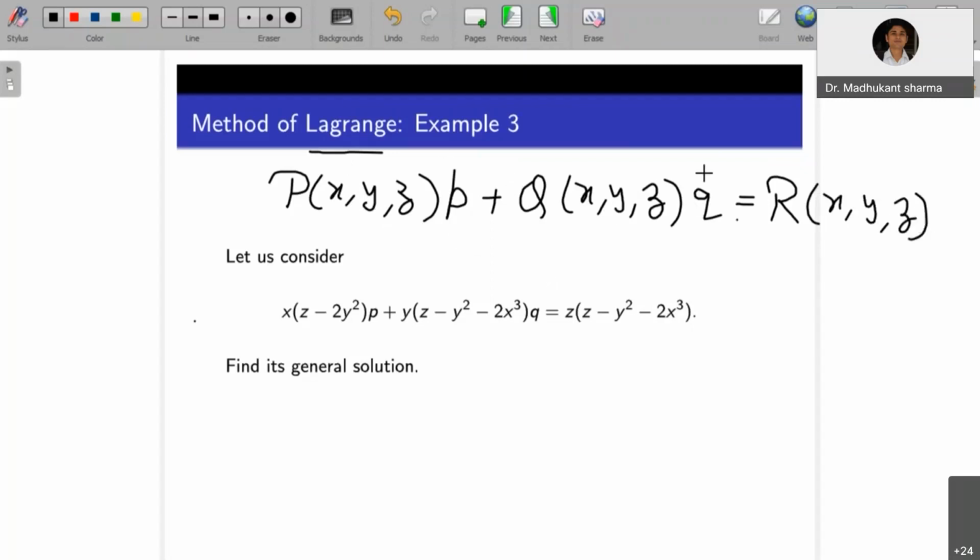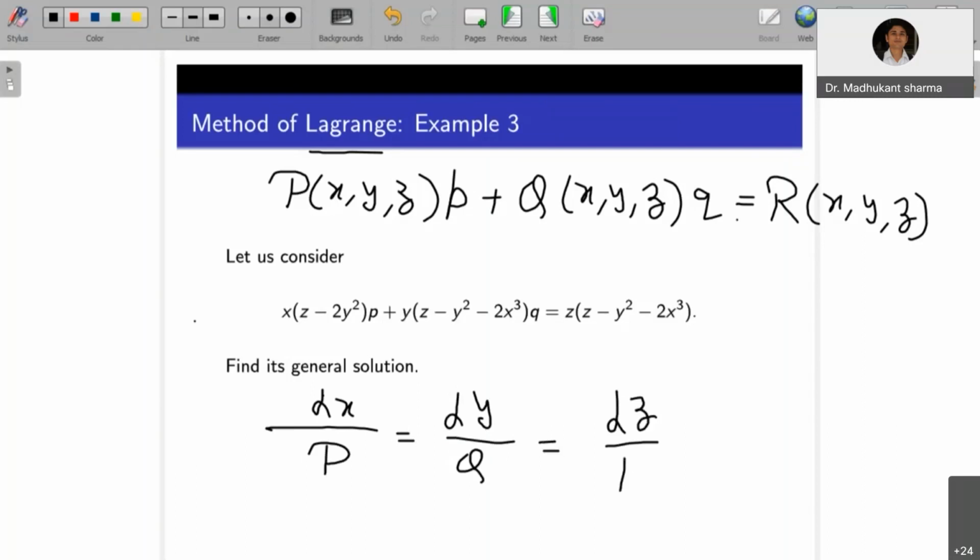When this is the form of the first order partial differential equation, then we say that this is a quasi-linear PDE, and the Lagrange equation is dx by P equals dy by Q equals dz by R. It's very simple to memorize as well.